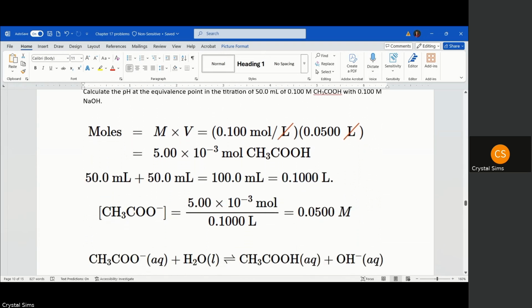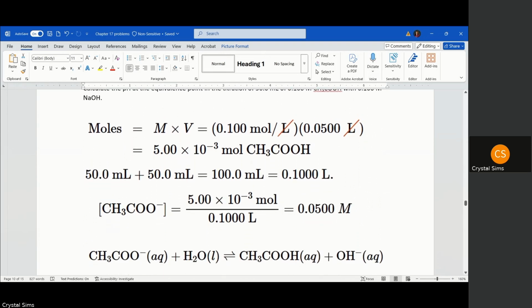Now, like I mentioned, the acetate ion is a weak base. And when it is within water, it's going to form acetic acid, but also some hydroxide ions.